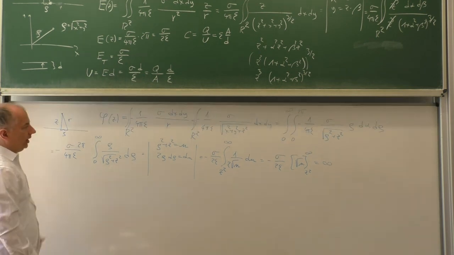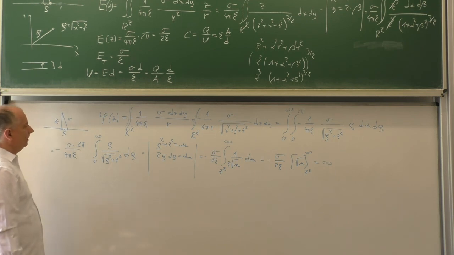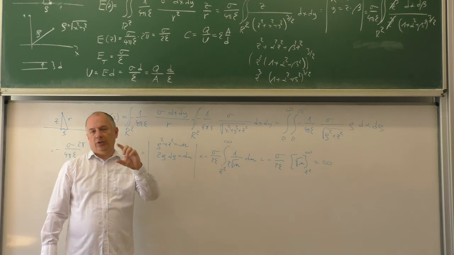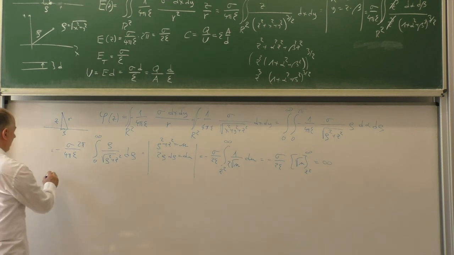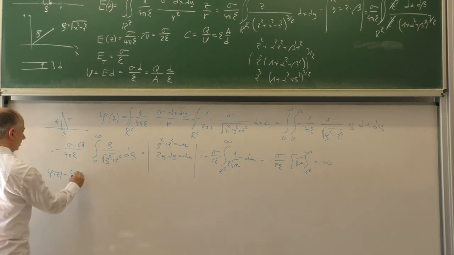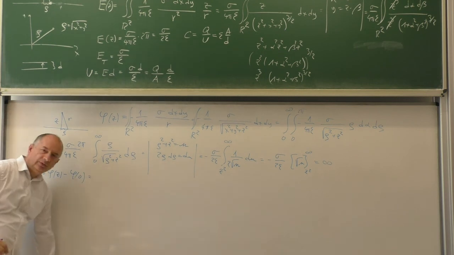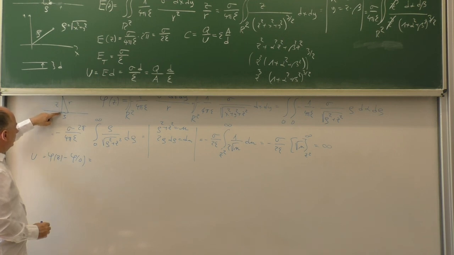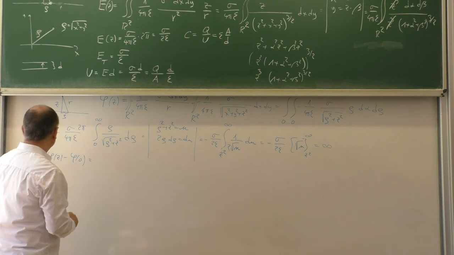So, in this way, we cannot find a potential as a function of z, but if we are interested in the voltage, in the change of potential alone, then we could find phi z minus phi 0, and that would be the voltage, the difference in potential at the point z minus the potential at point 0, and this gives a finite value.